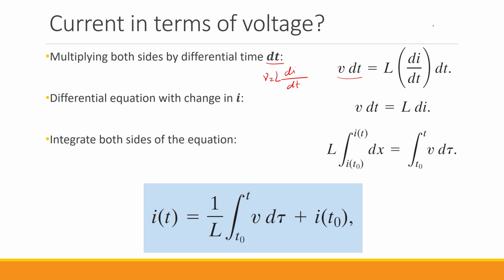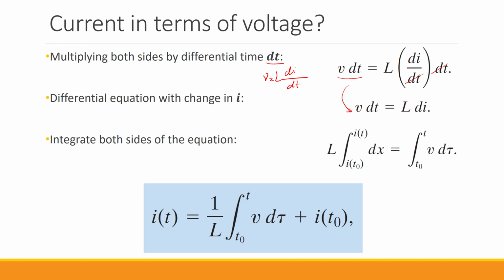On the right hand side, the dt's cancel out. This converts the first equation to a differential equation, in which on the left side we have voltage multiplied by the differential time, and on the right side we have the size of the inductor multiplied by differential current.